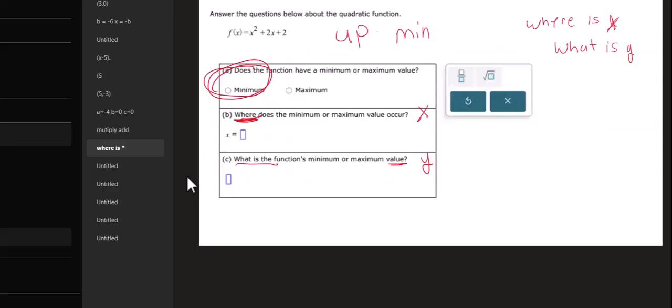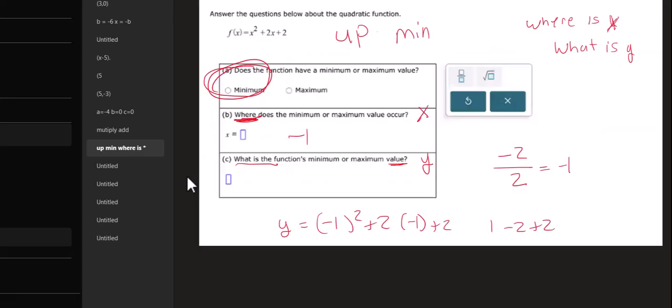Okay, so let's find the vertex, minus b over 2a. That's negative 1. That's the where. The what, we plug this in to get the y value. Y equals negative 1 squared plus 2 times negative 1 plus 2. 1 minus 2 plus 2, that's 1. Where, just remember where is where the x is, because x marks the spot. What is y? Okay. Moving on.